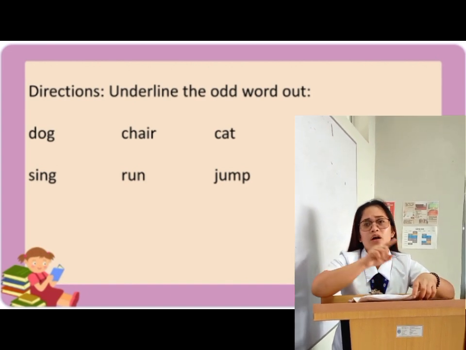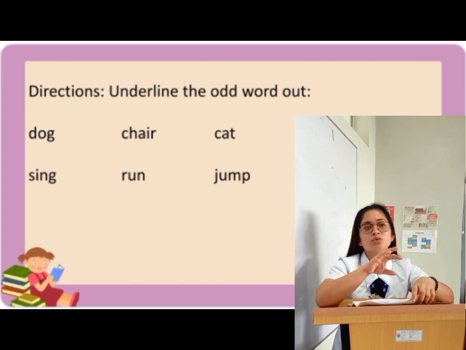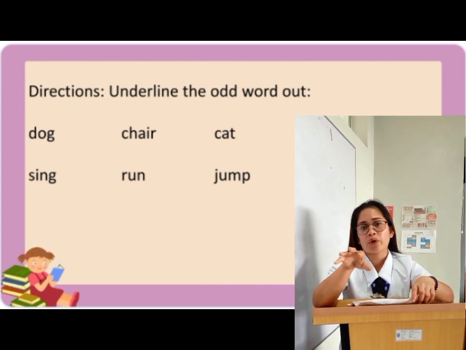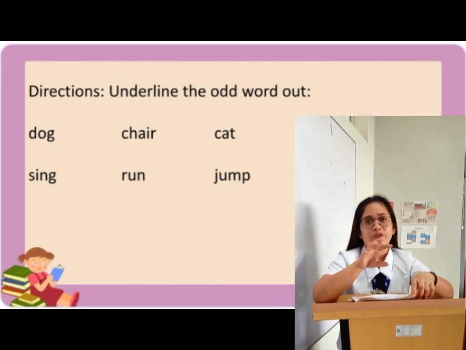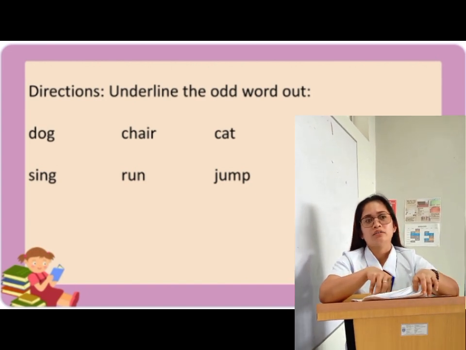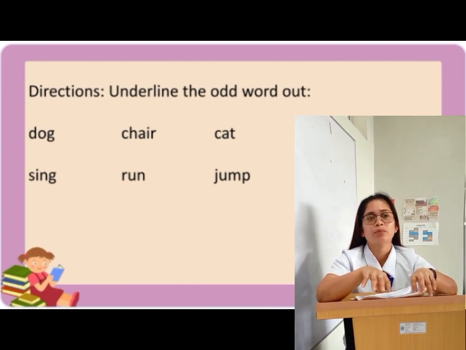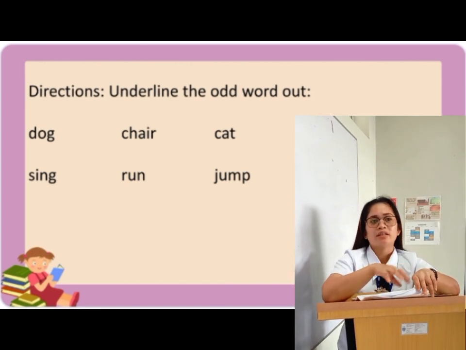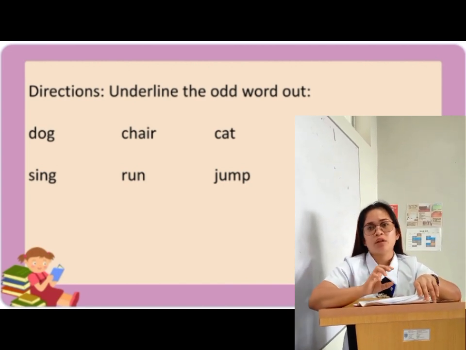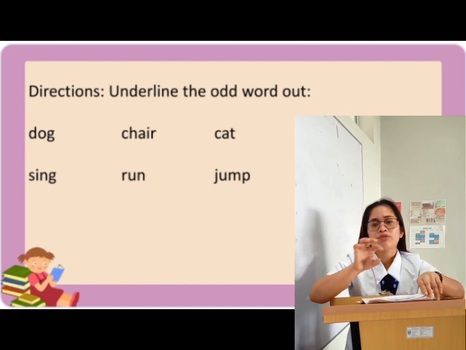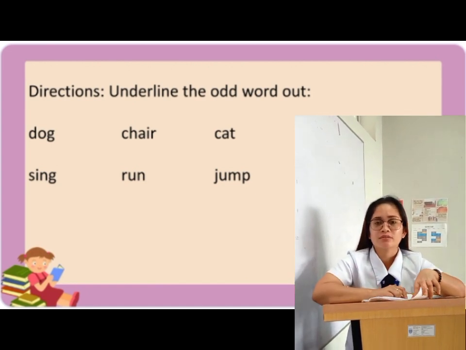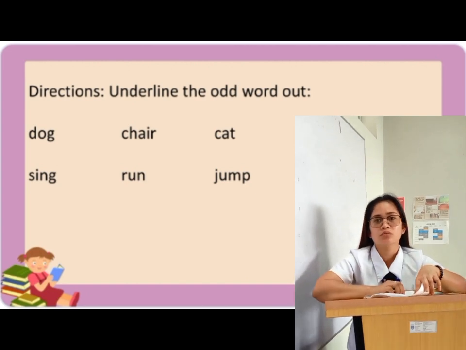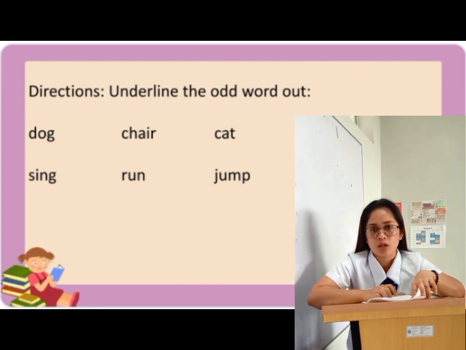The students are going to determine which of the words is different. For example, the chair. It is the odd word. The second one is sing, run, jump, table, or drive. Which of the following is different from the group? It's the table.